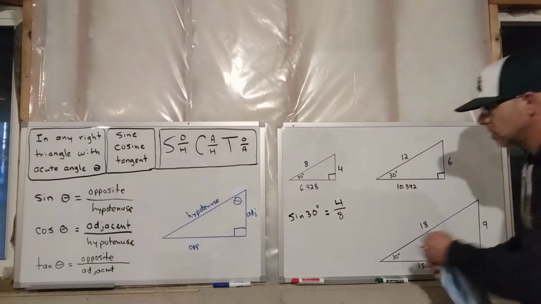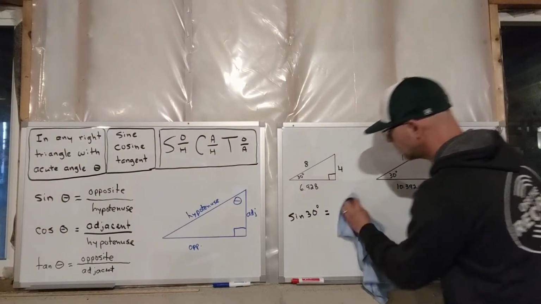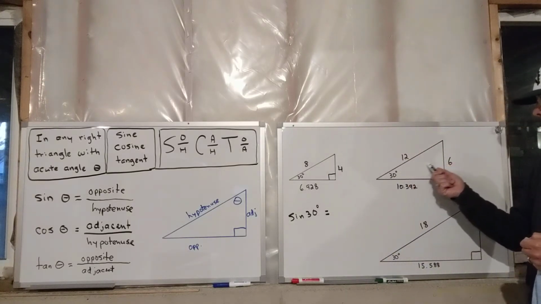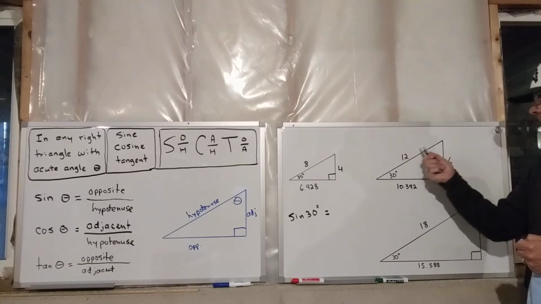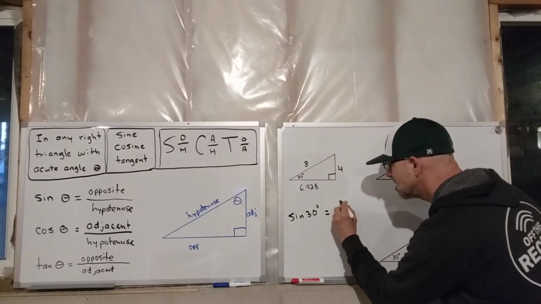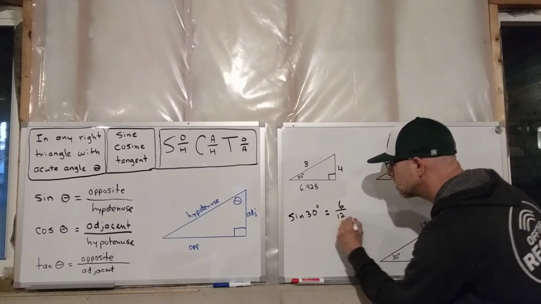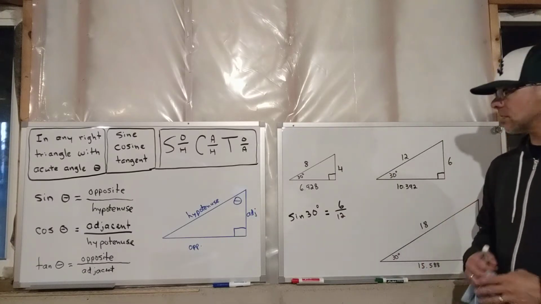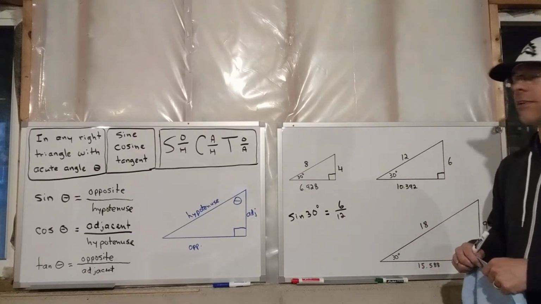If I decide to use this triangle, opposite across from the 30 is the 6, the hypotenuse is 12. 6 over 12, opposite over hypotenuse. That's 0.5, just like the calculator said. Sine of 30 is 0.5.